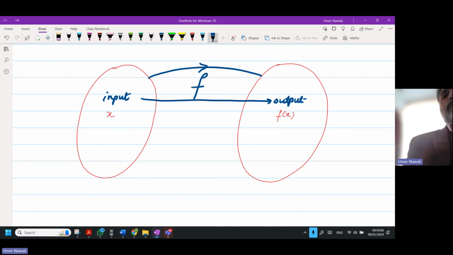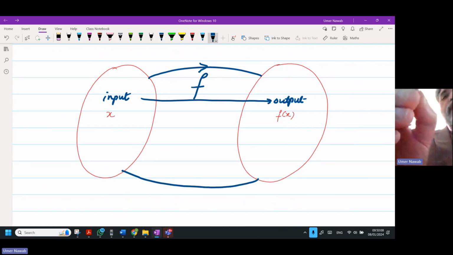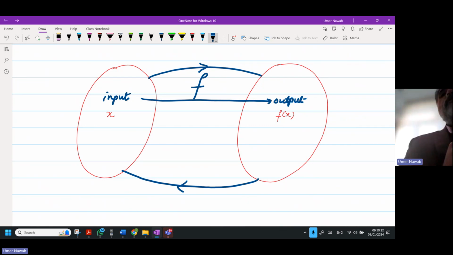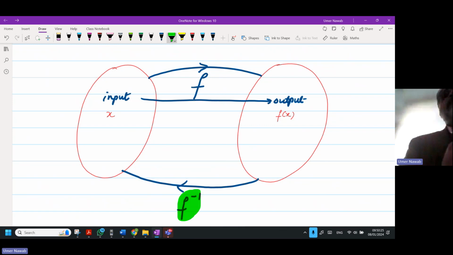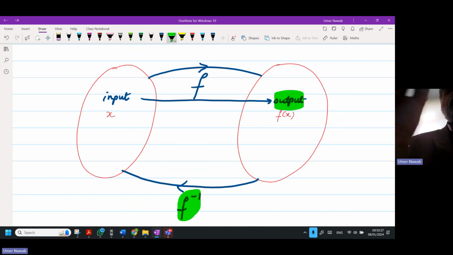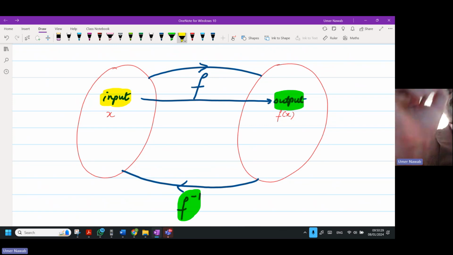If you move in the opposite direction, like in question number 3, when the output was given and you are looking for the input, this way is called f inverse. So inverse of f is a rule when the output is given and you are looking for the input.